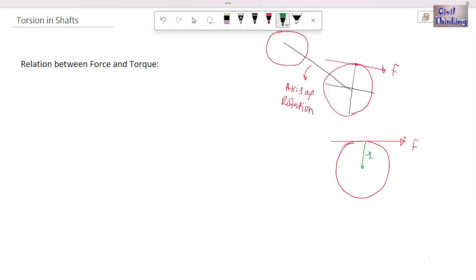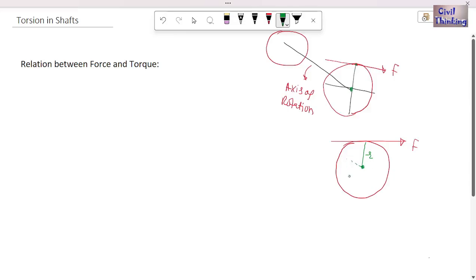Torque is basically the product of this force and R. Why R? Because R is the distance from the axis of rotation, this point here. R is the normal distance between the axis of rotation and the point at which the tangential force is acting.